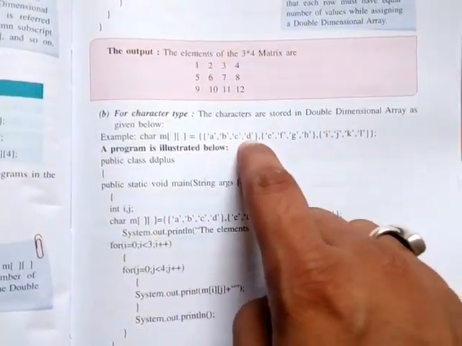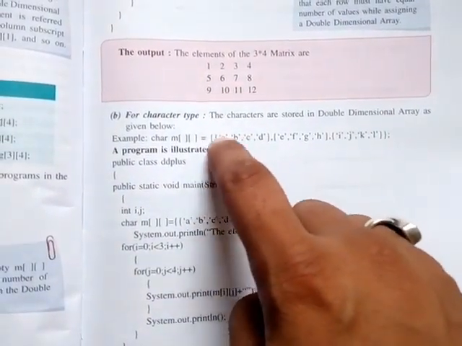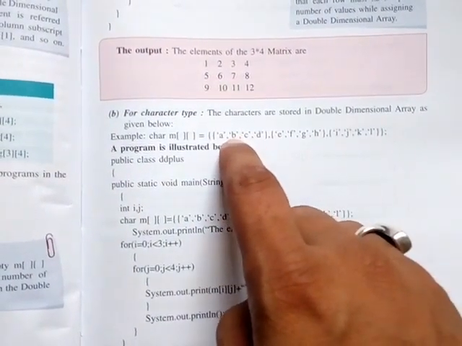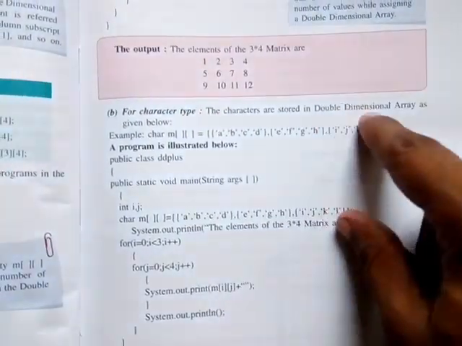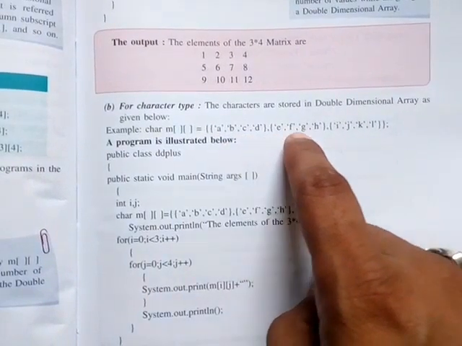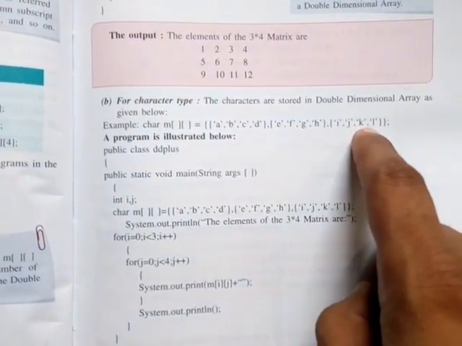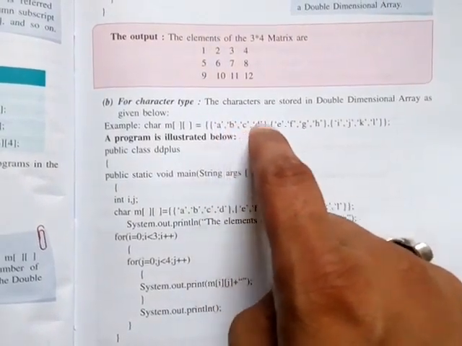All rows are enclosed by curly brackets, as well as the full array at the end. So a b c d e f g h i j k l: a total of 3 rows and 4 columns.